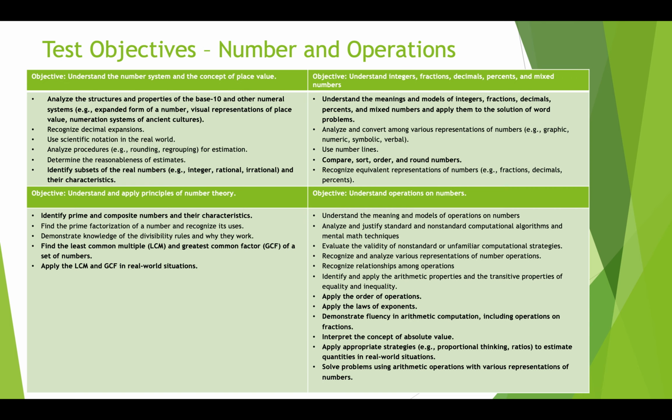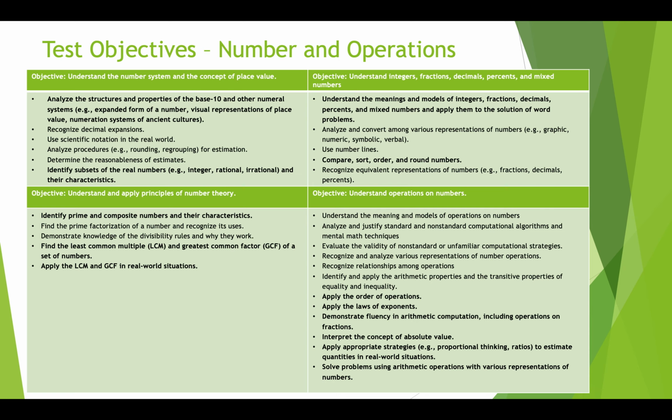So you could be asked to represent a number in an expanded form, visually represent the number using place value. And then you might also be asked to identify subsets of the real numbers. So whether it's an integer, whether it's a rational or irrational, and then characteristics of each.